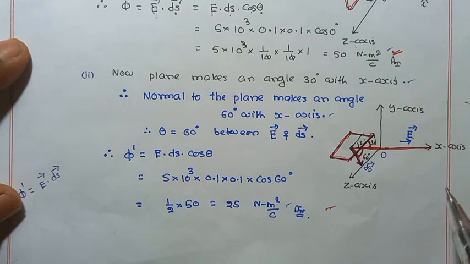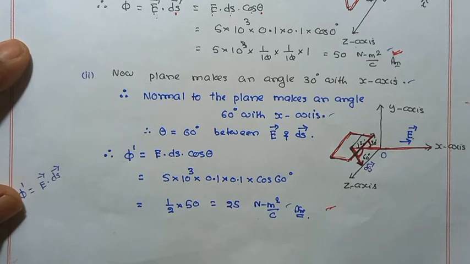So the area of the square plane is side multiplied with side, that is 0.1 into 0.1, because the side is given as 10 centimeter. Converting 10 centimeter into meter, 10 centimeter divided by 100, that is 0.1 meter. So the area of the plane is 0.1 meter multiplied with 0.1 meter.